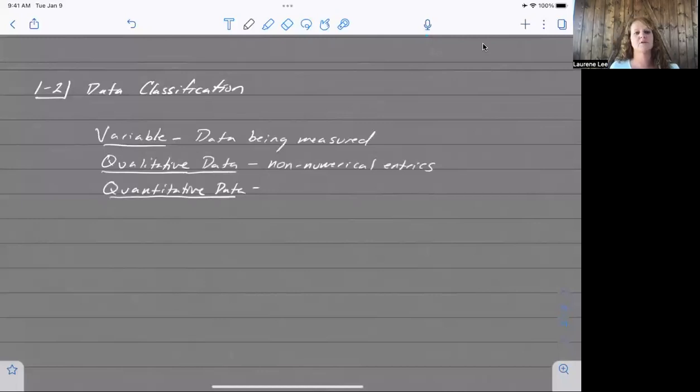So for example, qualitative data might be, if I'm asking you, what's your favorite kind of food? You're going to answer pizza, hamburger, sandwich. That's going to be qualitative data. Quantitative data is numerical. So this is everything else. You want to know your height, your weight, your blood pressure, how many pizzas you ate last week.